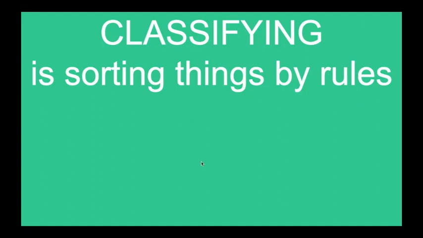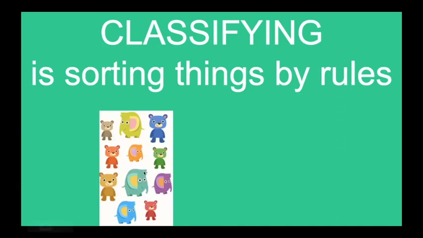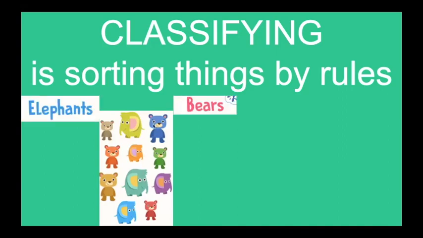All right, so I give you examples, all right, about sorting from the previous video. For example, we have bears and elephants, and we can sort them or classify them by rules. We have rule bears and elephants, right? So in the left column, we put all elephants.